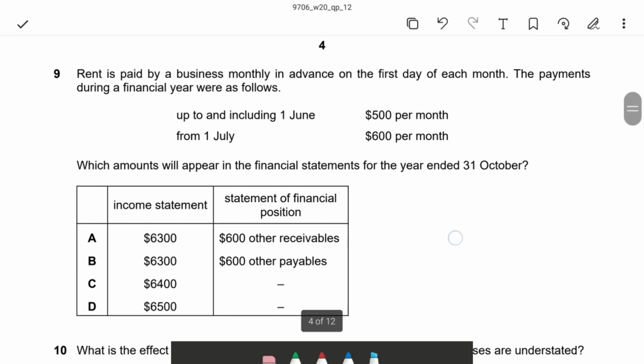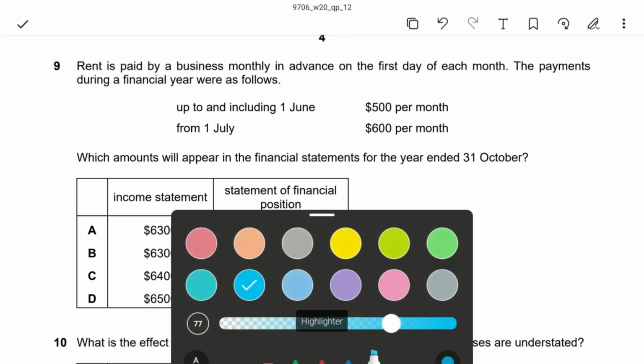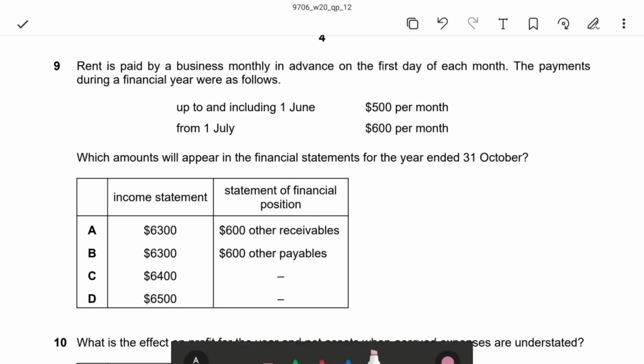Next, question number 9. Rent is paid by a business monthly in advance on the first day of each month. The payments during the financial year were as follows.